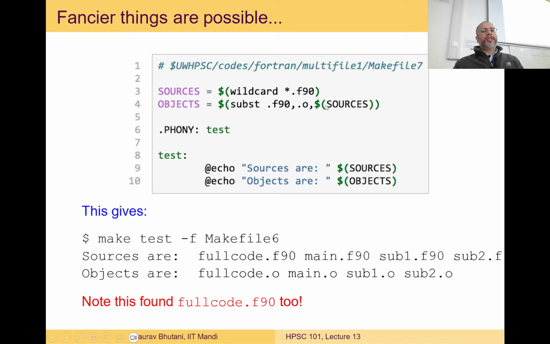It will take the list of all the f90 file names and replace the string .f90 with a .o. So it's saying substitute .f90 for .o in this list of all the sources, or the list called sources. So sources, which has a list of all the file names, will get modified where .f90 gets replaced with a .o.